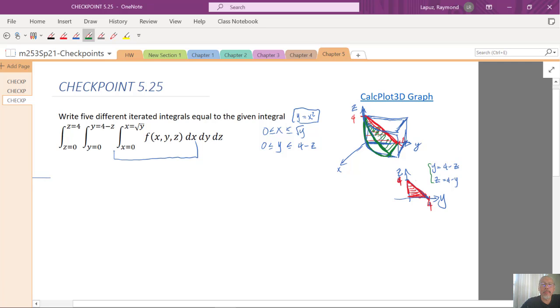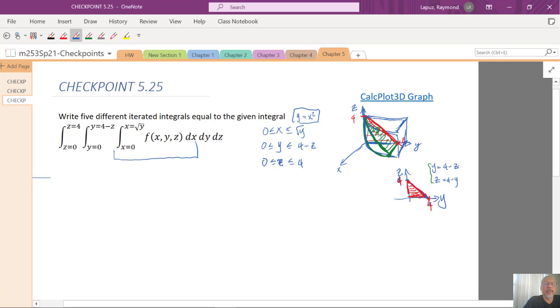And if we were to graph that, we'll see that's a slanted plane. Another cylinder, we would call it, but it's actually a plane. Okay? All right, well, the first set, according to this integral, the first set of limits look like this. So the outer limit goes from 0 to 4.